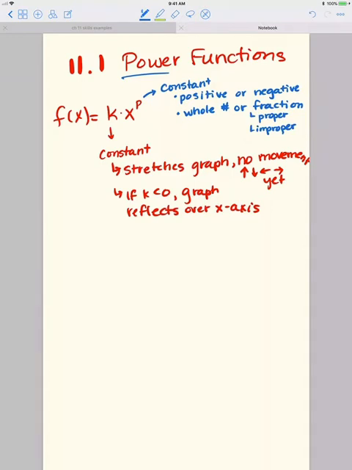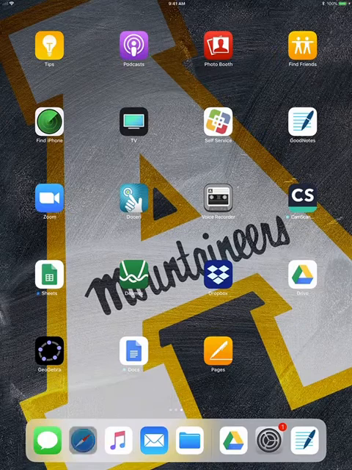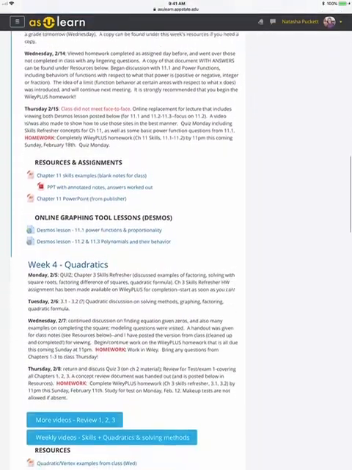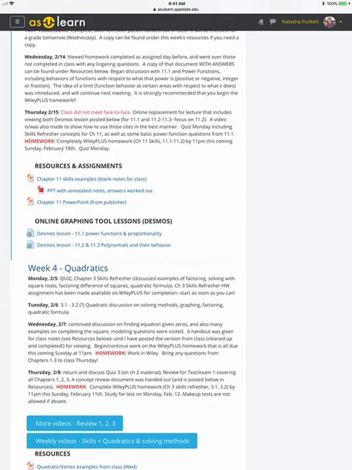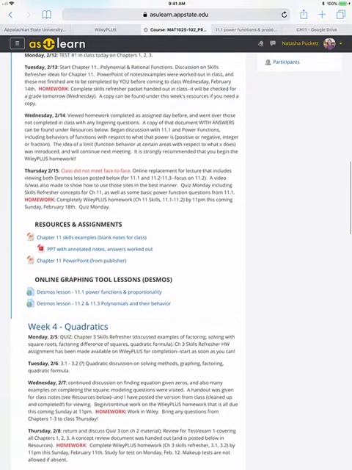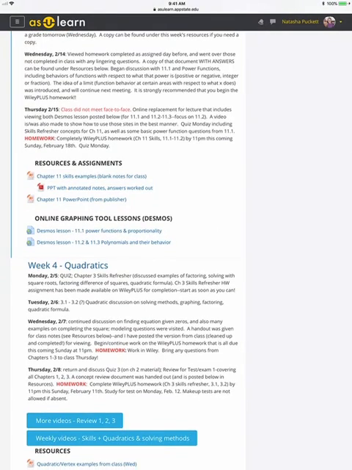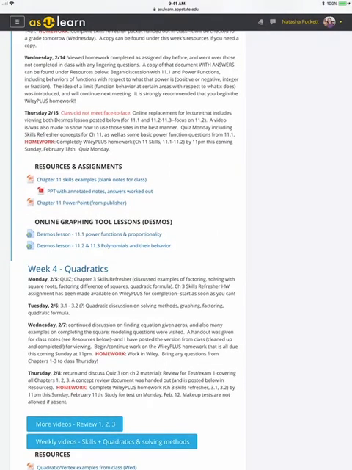So in lieu of class, I'm going to have you look at that Desmos tool that I posted in As You Learn. If you go to the website and look under week 5, there are 2 online graphing tools posted. One is Desmos lesson 11.1 power functions and proportionality, and the other is 11.2, 11.3 with polynomials and their behavior.